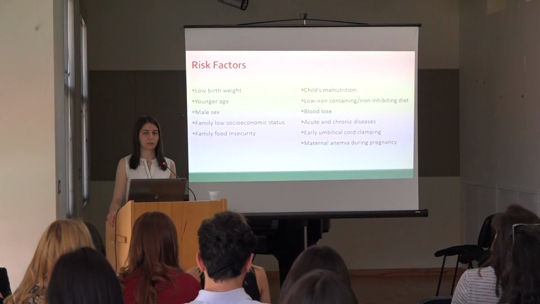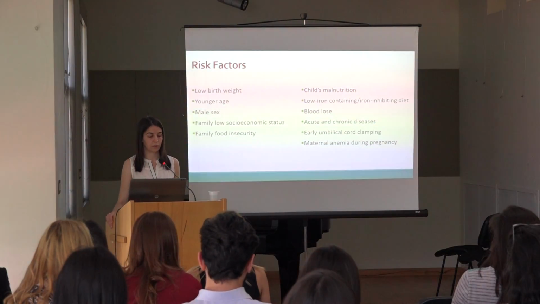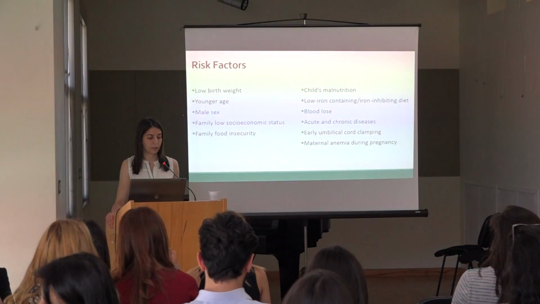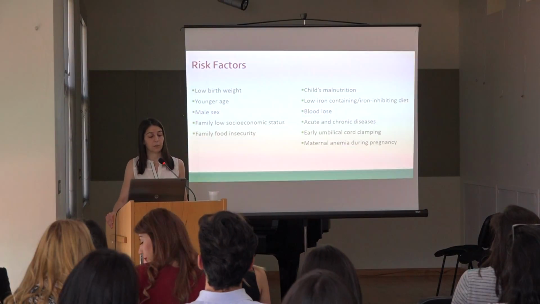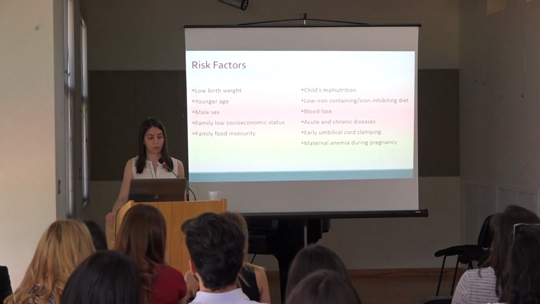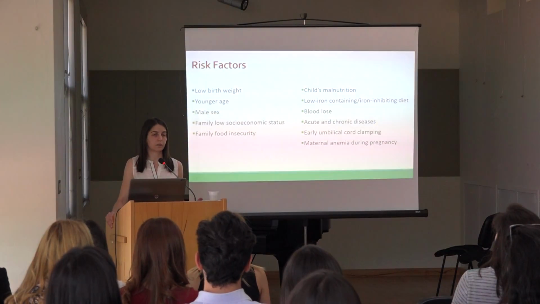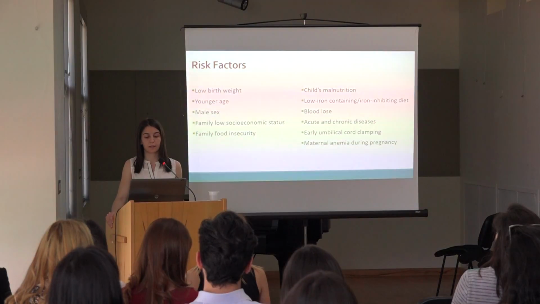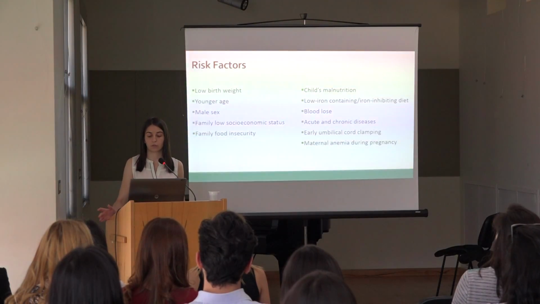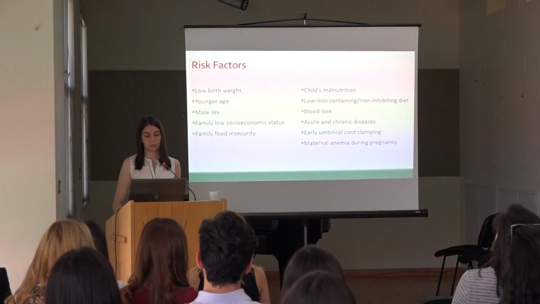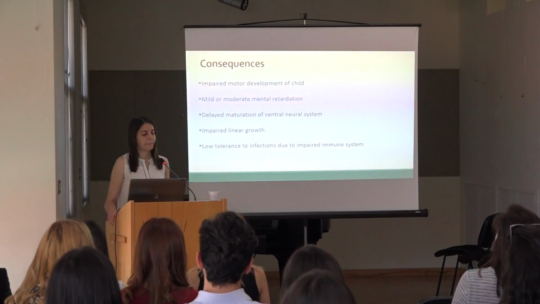Different studies in different countries defined risk factors for anemia, childhood anemia specifically, such as low birth weight, younger age, male sex, family socioeconomic status and food insecurity, child malnutrition, low iron containing or iron inhibiting diet, blood loss, acute or chronic diseases, also early umbilical cord clamping, and maternal anemia during pregnancy.